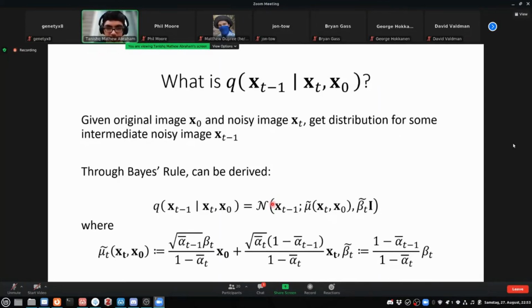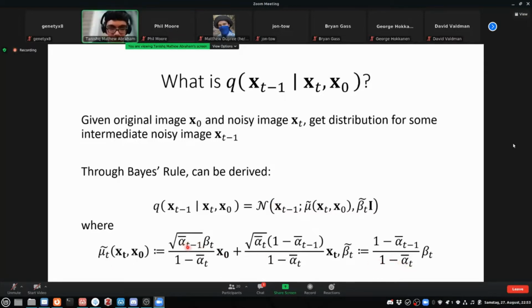What that term gives us is, if we have the original image and a noisy image, we can get the distribution for some intermediate noisy image. This can be derived with Bayes' rule. I have a derivation if you want to see it, but basically we can derive a Gaussian distribution with the following mean and variance.